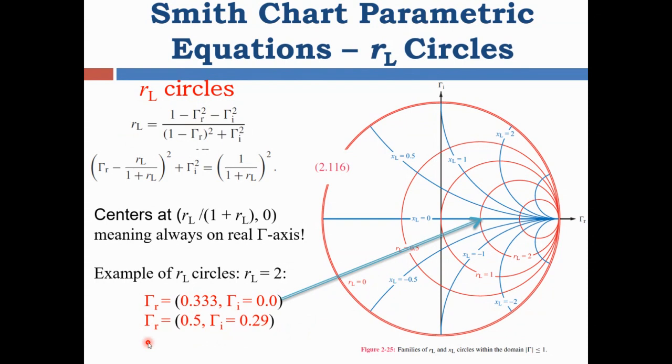Okay. So the numerator is going to be 1 minus 0.5 to the power of 2, and then minus 0.29 to the power of 2. Okay, so this is your numerator.